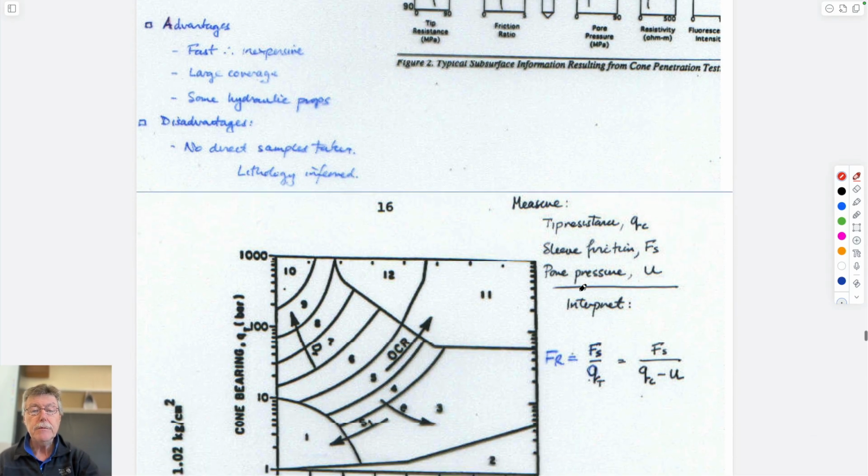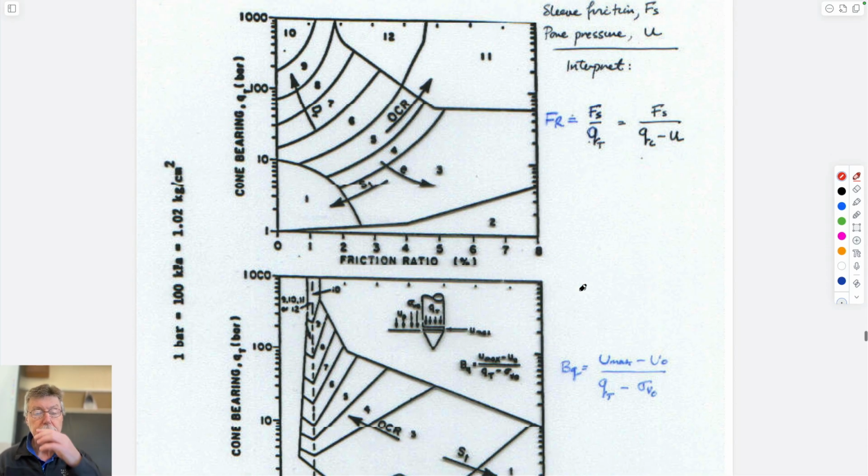So if you've done these experiments in enough places, and you've also maybe drilled alongside and run split spoon tests and taken Shelby tube samples, then you can correlate the magnitudes of the parameters you're measuring.